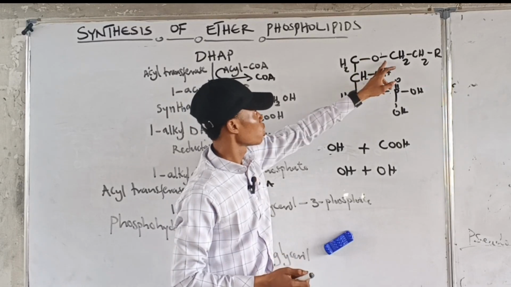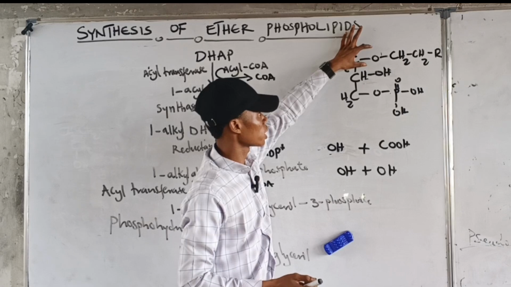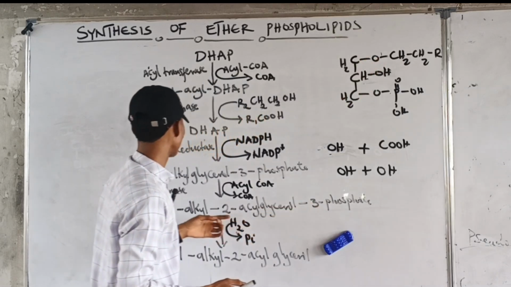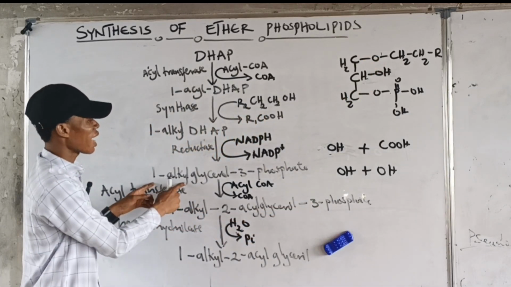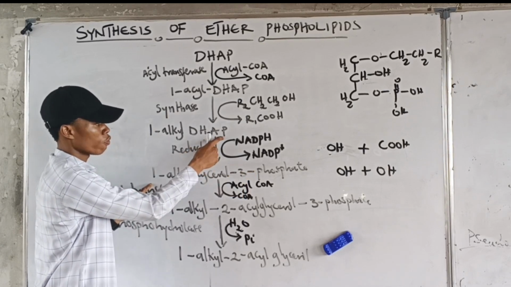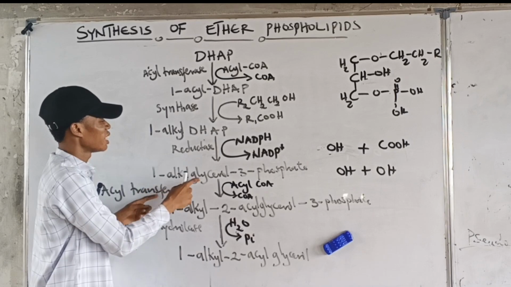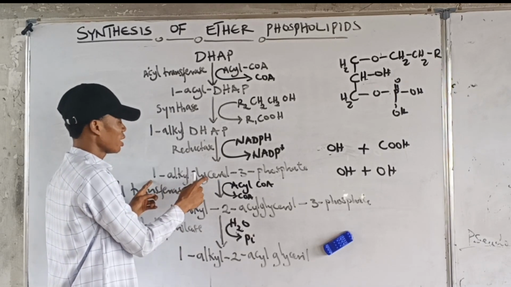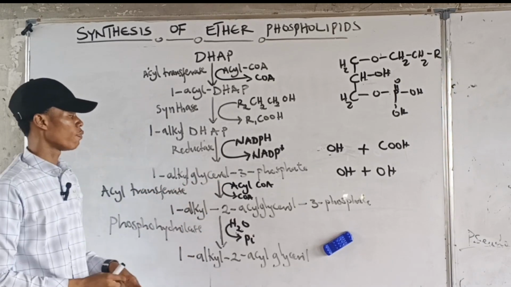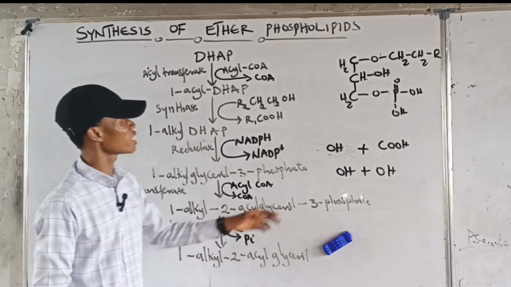So now I have one alkyl group on position 1 of glycerol and a phosphate group. So how do we name it? 1-alkyl glycerol 3-phosphate. It's no longer dihydroxyacetone phosphate, but because we've reduced it, it's now 1-alkyl glycerol 3-phosphate.